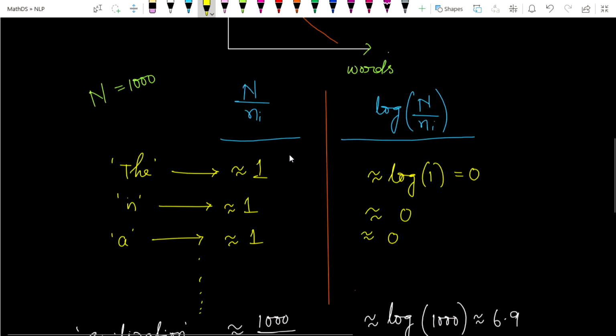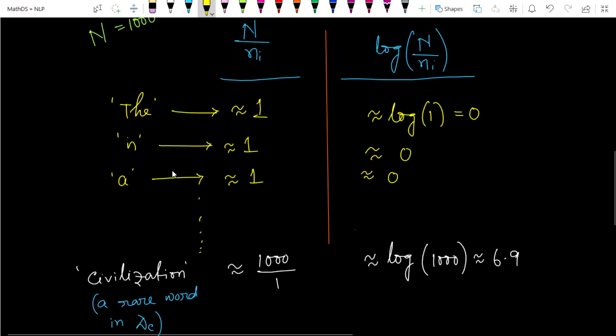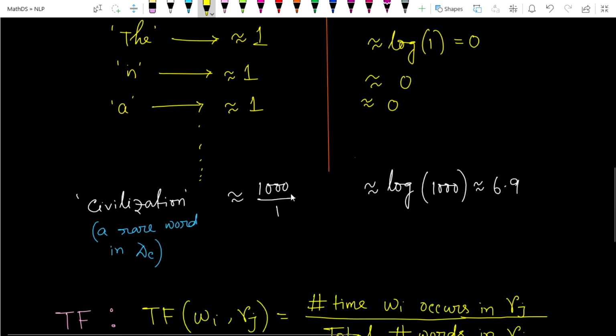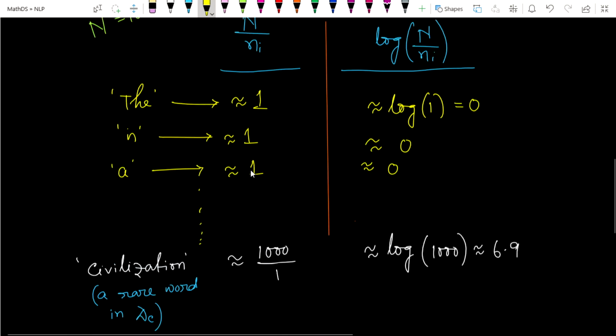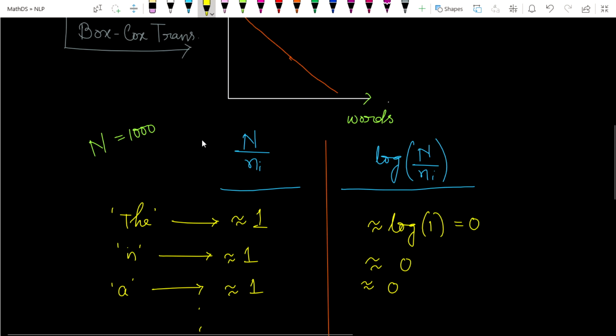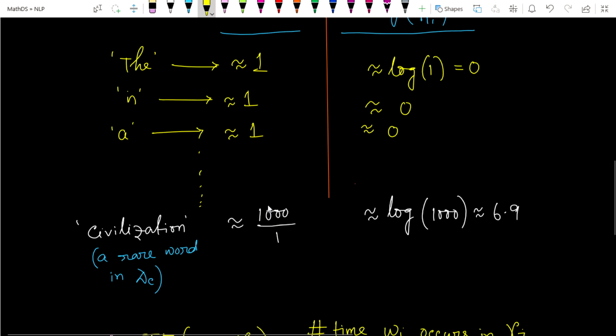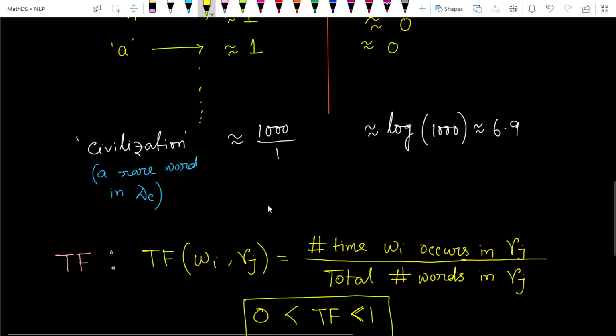If we have not used this log term on the IDF, then for a frequent word this value is much larger, maybe 1000, because the number of documents in our dataset is so large and the number of words in a particular document is so small.